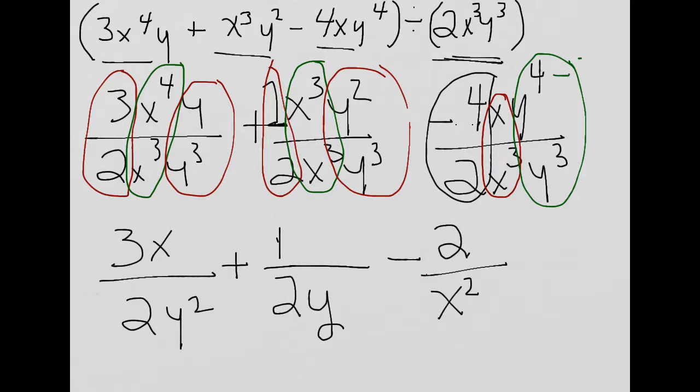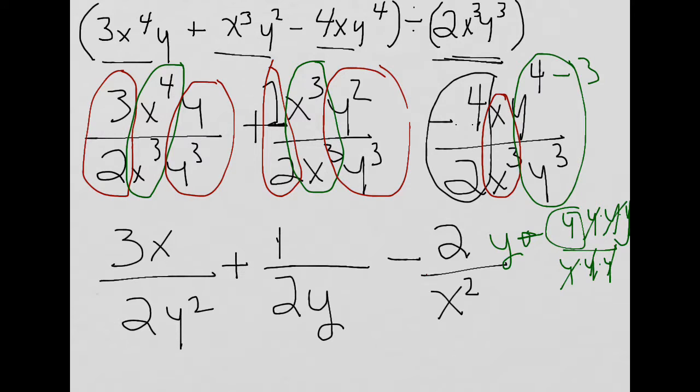So 4 minus 3 will leave us with a y on top and no y's on the bottom. And again, that would be y times y times y times y over y times y times y. So those cancel out, which leaves us with the 1 y on top, which we move to there.